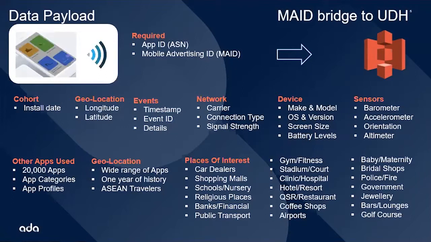If a device is seen popping up at the school, for example, in the morning and then at the end of the day for a quick duration, that seems to indicate that they might be dropping off some kids and then picking them up again, as an example. Religious places also are a good indicator of lifestyle. Banks, financial institutions, same thing, public transport, gym and fitness. Again, all of these points of interest are really relevant when it comes to defining the lifestyle.